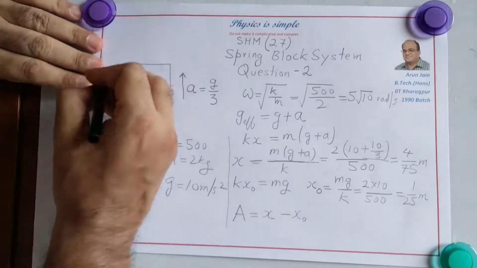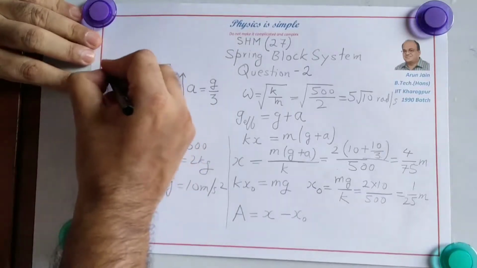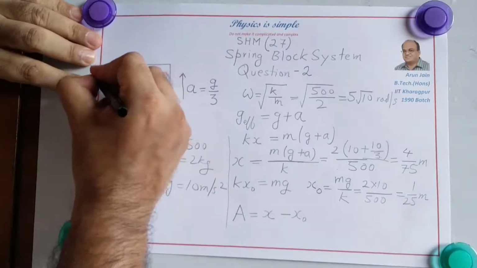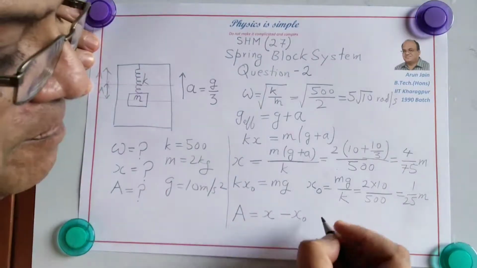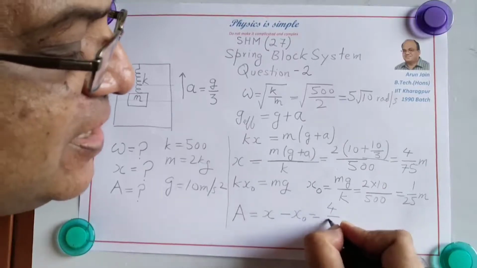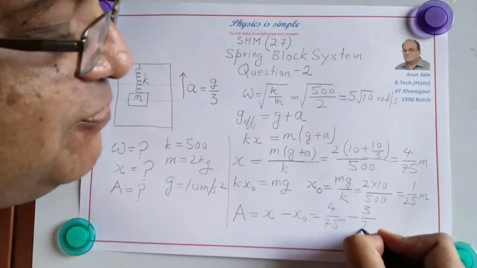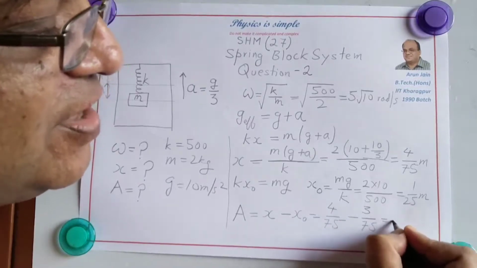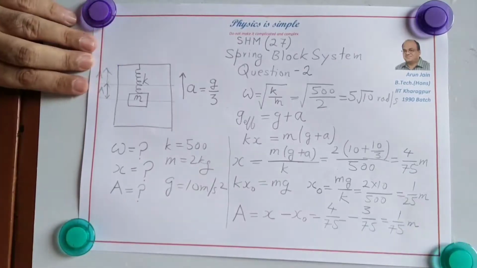That is the mean position. So this is the amplitude. Now the block will oscillate with this amplitude about that mean position. So therefore, this amplitude will be 4 by 75 minus 3 by 75. That gives us 1 by 75 meters. That is the answer.